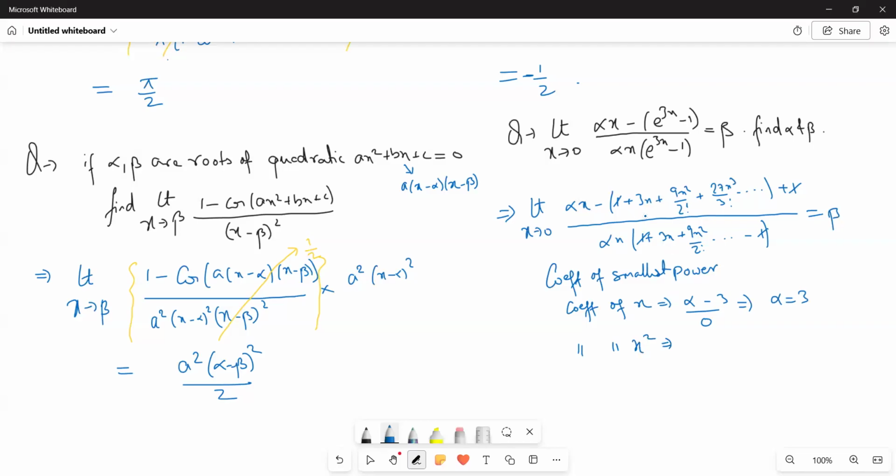So the coefficient would be minus 9 by 2 in the numerator and 3 alpha in the denominator. So 3 alpha becomes 9. So this 9 cancels and we get beta is minus half. So alpha is 3 and beta is minus half.